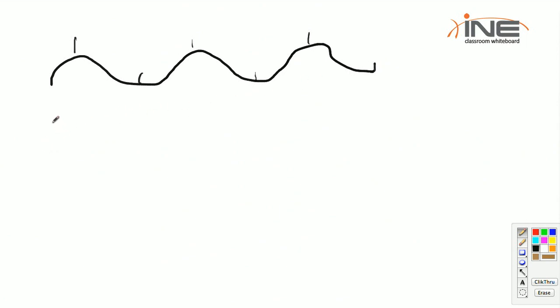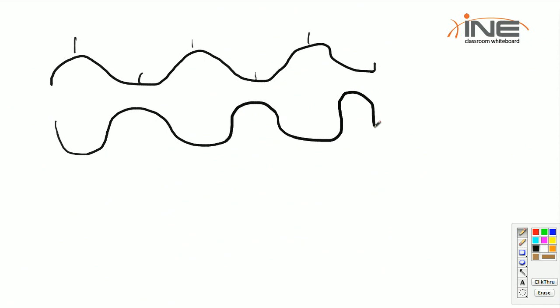If I were to have a wave that went like this, is that not still a 3 hertz wave? Let's just say it doesn't go all the way down, just to be safe. So I've still got peak number 1, 2, and 3, and trough number 1, 2, and 3. It's still a 3 hertz wave, given these two horizontal boundaries being the time of 1 second.